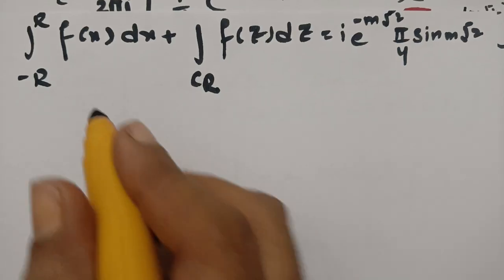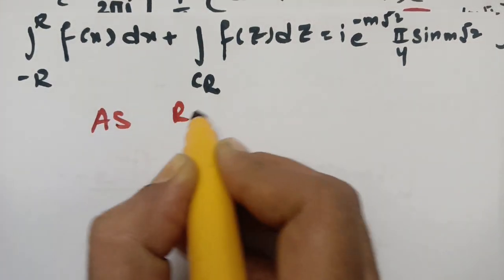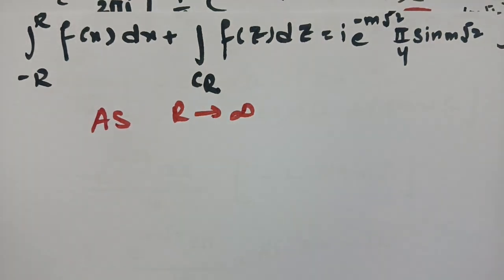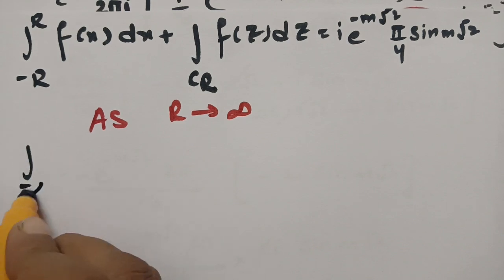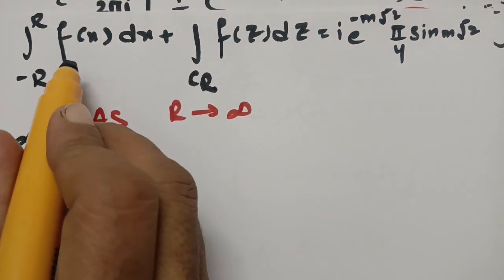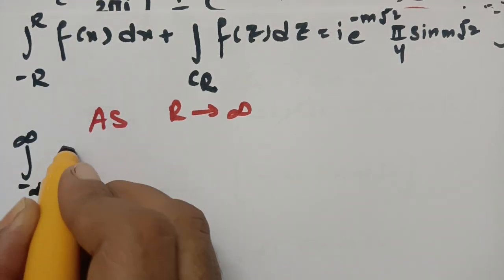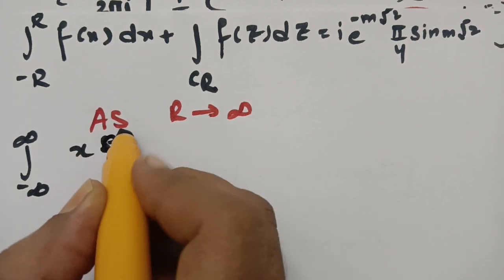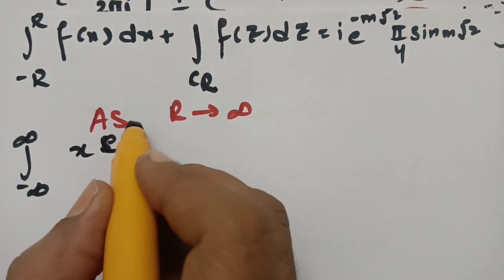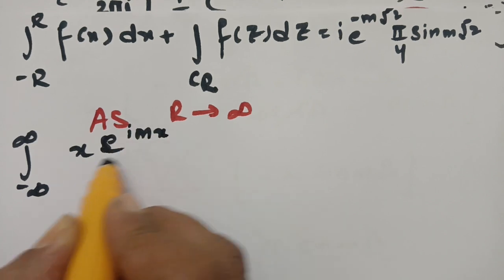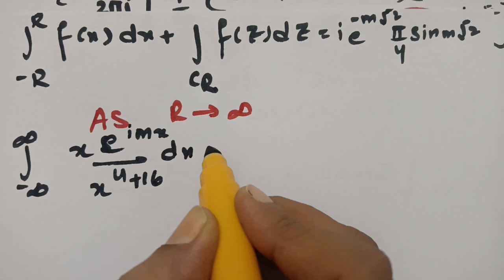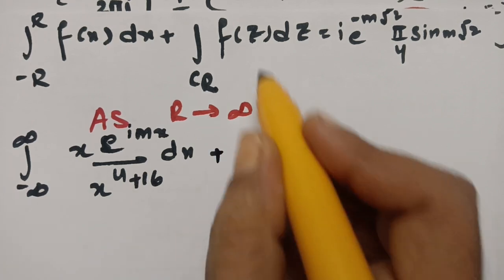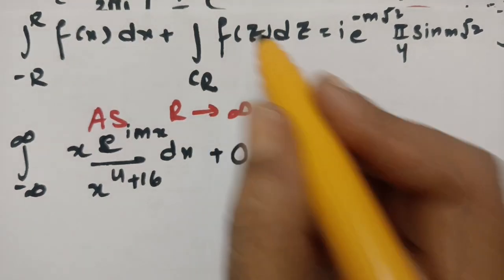As r tends to infinity, this will become the integral from minus infinity to plus infinity of f(x), which is x times e power imx by x power 4 plus 16 dx, plus the semicircle integral, which becomes 0 as r tends to infinity.